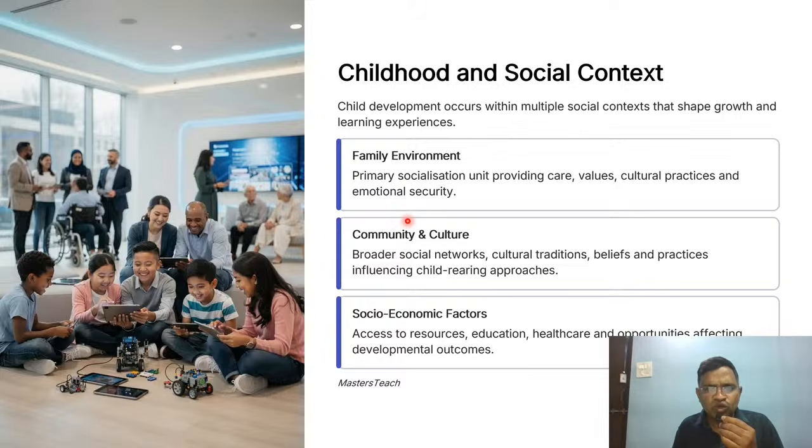Community and culture is a broader network; cultural traditions, beliefs, and practices influence child-rearing approaches. Socio-economic factors include access to resources, education, healthcare, and opportunities. These are the outcomes. So this is childhood and social context, where child development occurs.